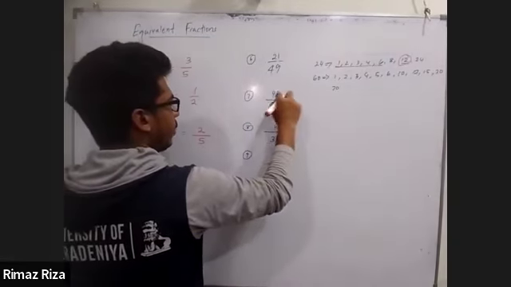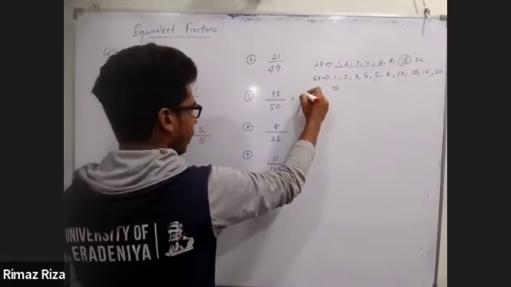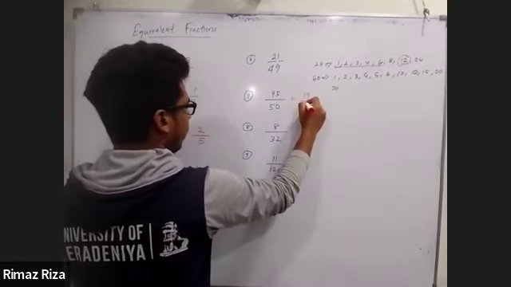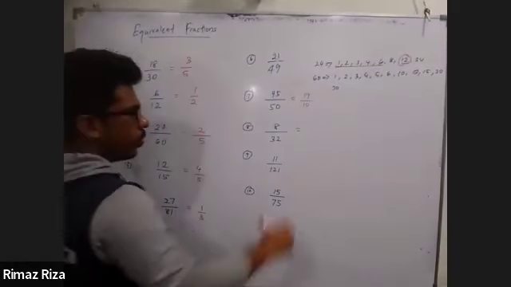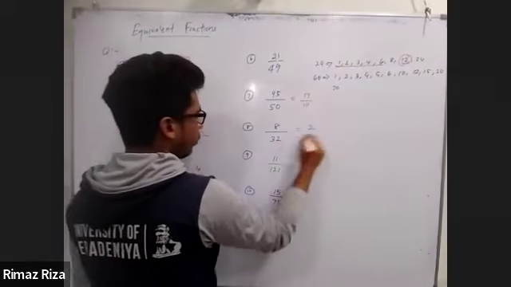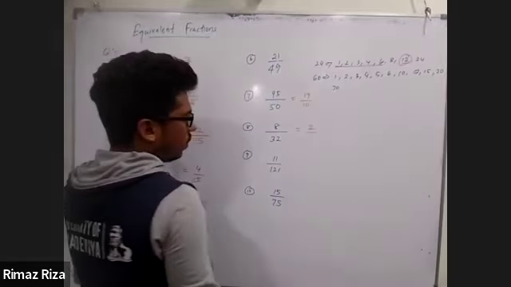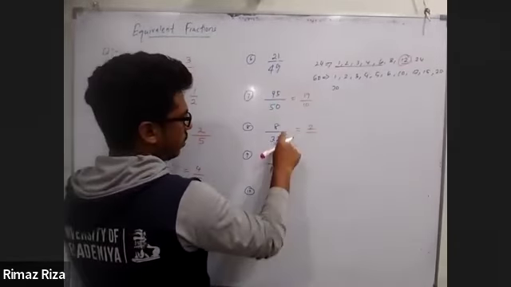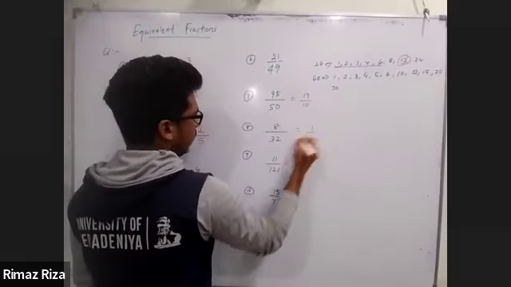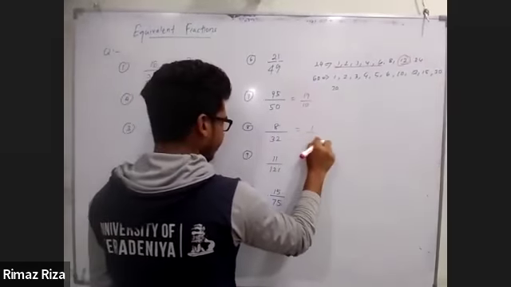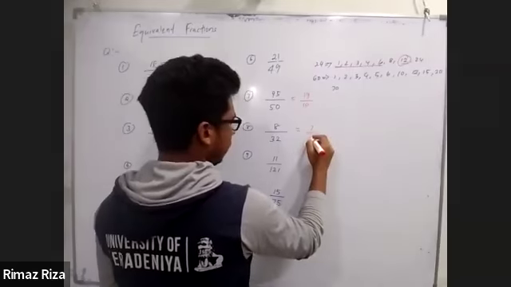So dividing by 5, here we get 19, here we get 10. So 8 and 32, HCF is 8. 8 divided by 8 is 1, 32 divided by 8 is 4.